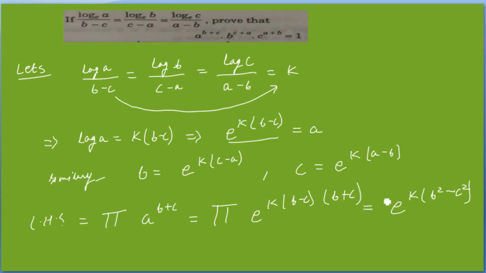Now breaking this product, we can write e to the power k into b square minus c square plus c square minus a square plus a square minus b square.